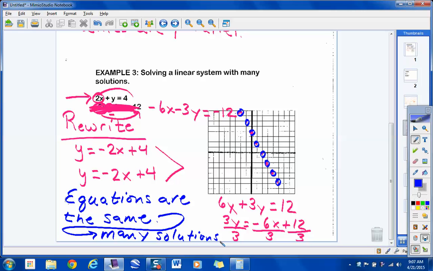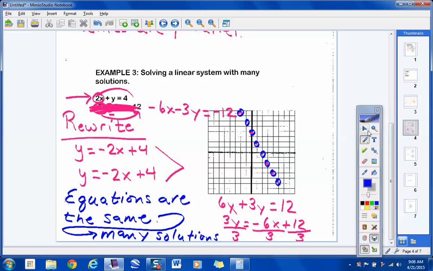If they cross, it's just one point that they share, right? I've had lines that are parallel. Will parallel lines ever cross? No. Therefore, if you have parallel lines, no solution. What about one line that falls right on top of another line? They're the same. So how many solutions here? Many. Many solutions.